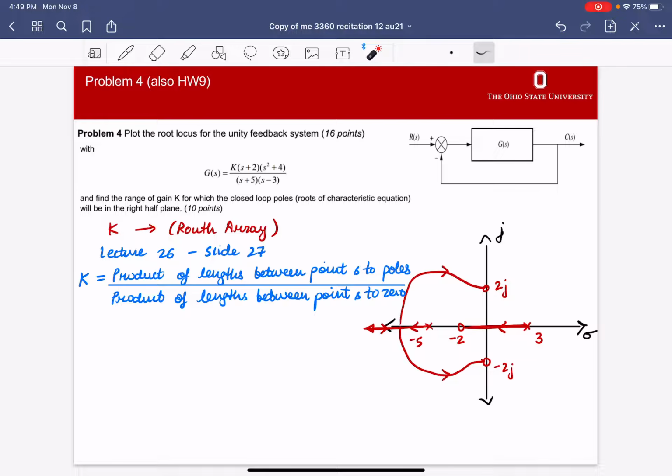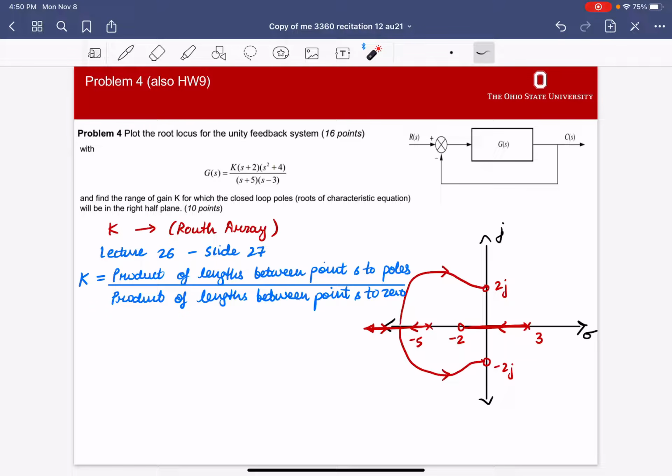So for this particular problem, we need to find the gain for which the system is going to be in the right half plane. We know that our criteria is making sure that all our poles are in the left half plane, or that criteria also works, it would be just the inverse. So essentially we just have this one root locus segment between -2 and 3, which can cause the poles to be in the right half plane, right?